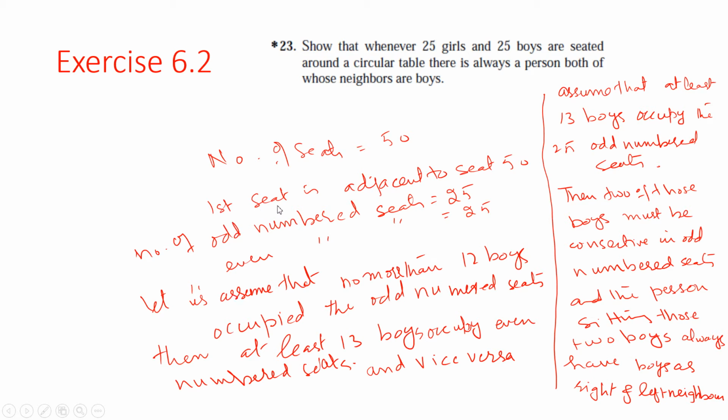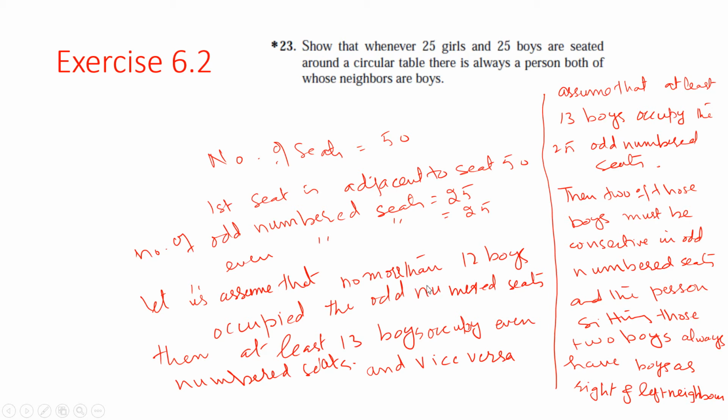And keep this in mind, the first seat is adjacent to seat 50, so all the seats are adjacent to each other. So let's assume that no more than 12 boys occupied the odd numbered seats. Then at least 13 boys occupy the even numbered seats.